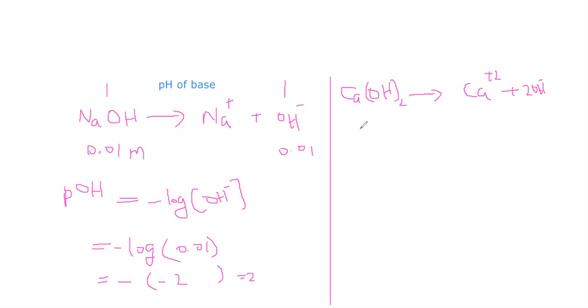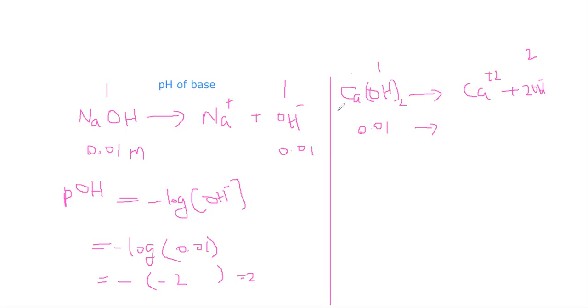Again, let's suppose it has the concentration of 0.01, the same concentration; you can use any concentration. So here the ratio between calcium hydroxide and the hydroxyl ion is 1:2.